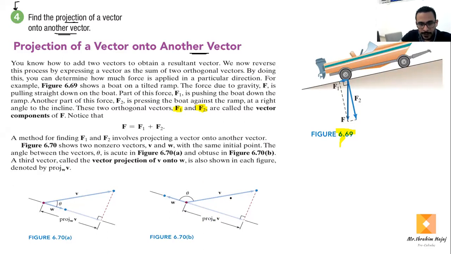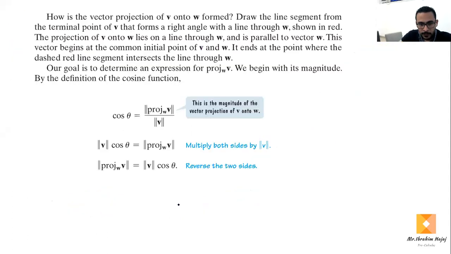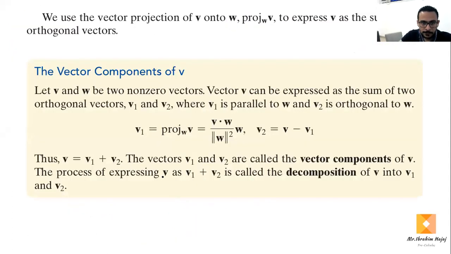We will write it as the sum of two orthogonal vectors, the vector components of V. If you have two vectors V and W, vector V can be expressed as the sum of two orthogonal vectors V1 and V2, where V1 is parallel to W and V2 is orthogonal to W. V1 equals the projection of V onto W, the same rule we took now, and V2 will be V minus V1.